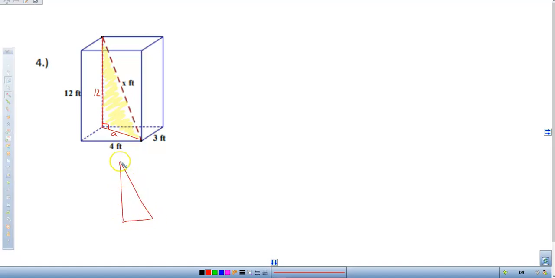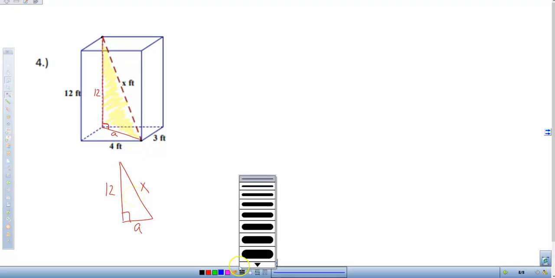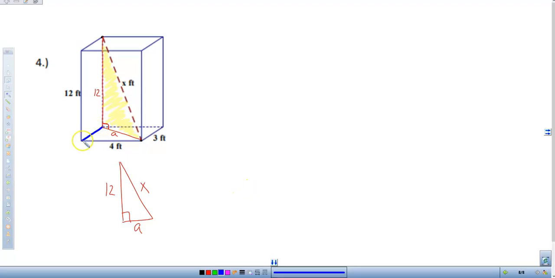Now, if I isolate that right triangle, I don't know A. I know that this leg is 12, and I know what I'm trying to solve for. That hypotenuse is X. Now we're going to focus on the bottom of this rectangular prism. You'll notice that A is the diagonal of that rectangular base.